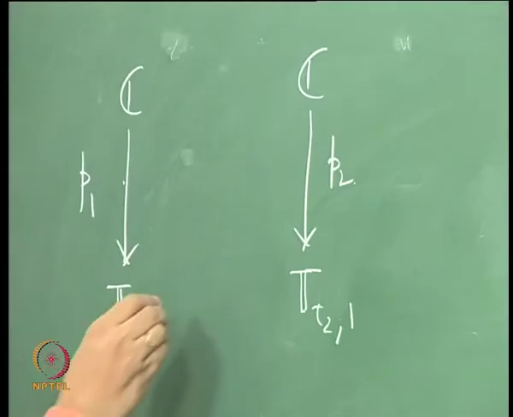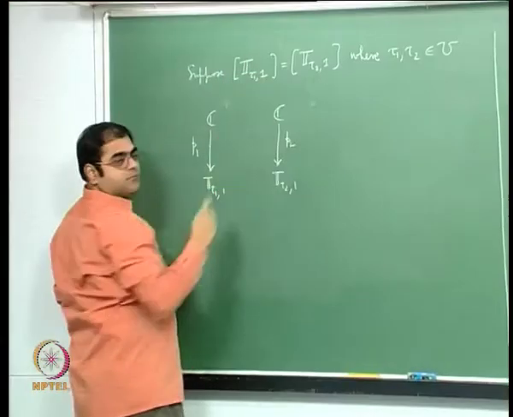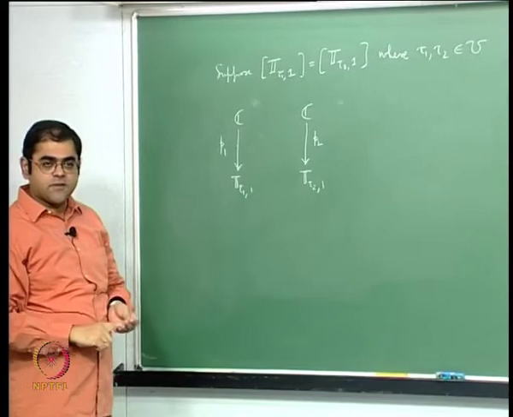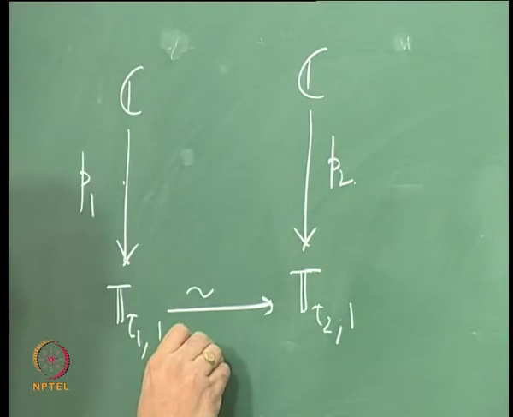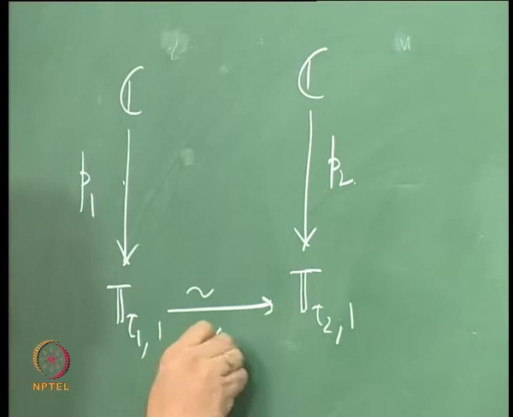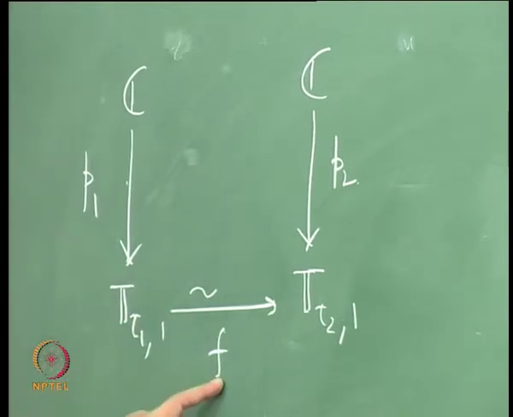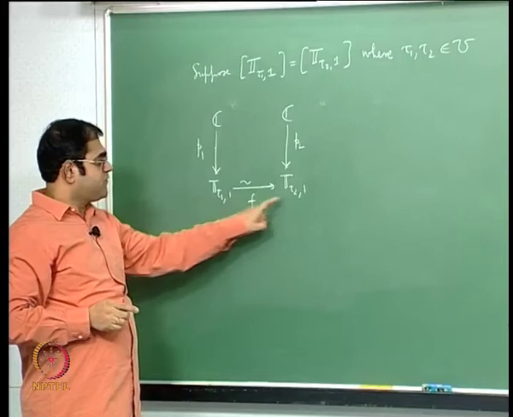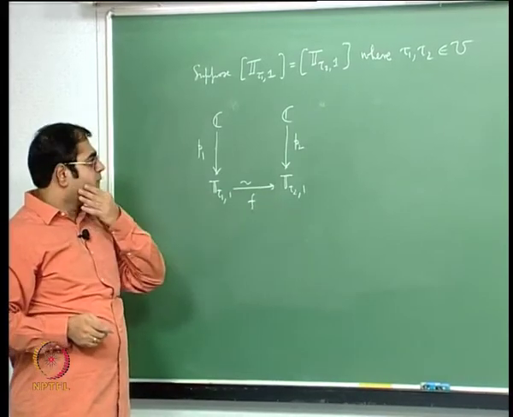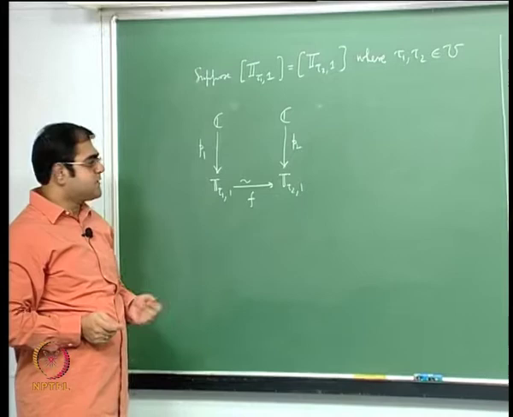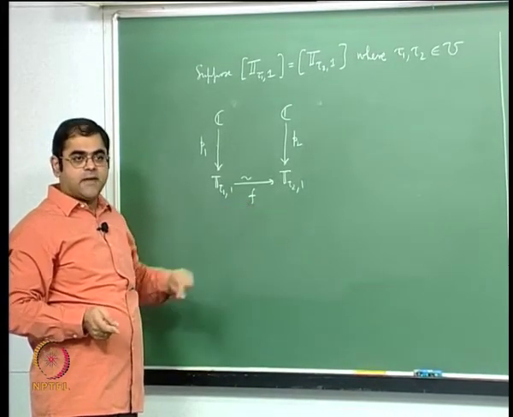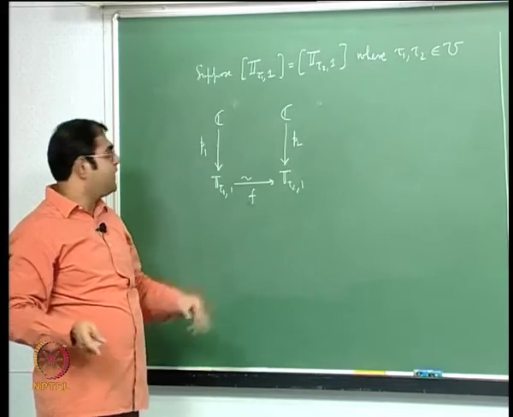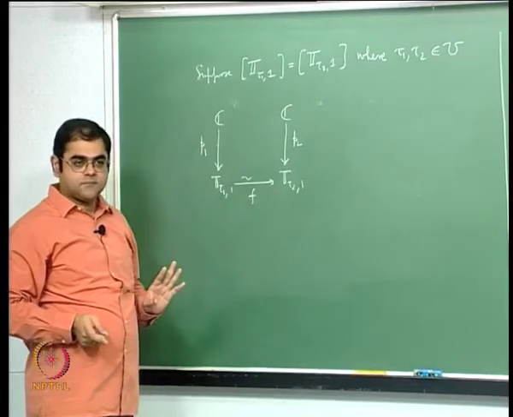Since it's given that these two are holomorphically isomorphic, let me choose an isomorphism, let's call it F. So I am given a holomorphic isomorphism F between these two tori. Using this and covering space theory, I am going to cook up an element of PSL2Z that moves tau 1 to tau 2. That is what I am going to do.